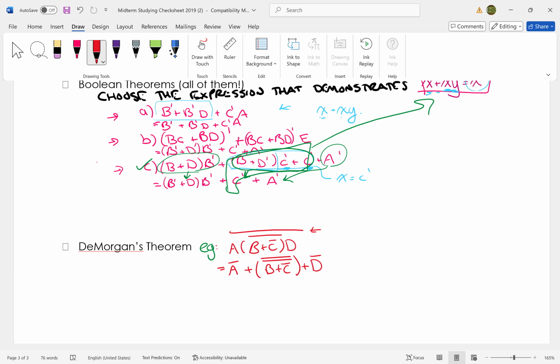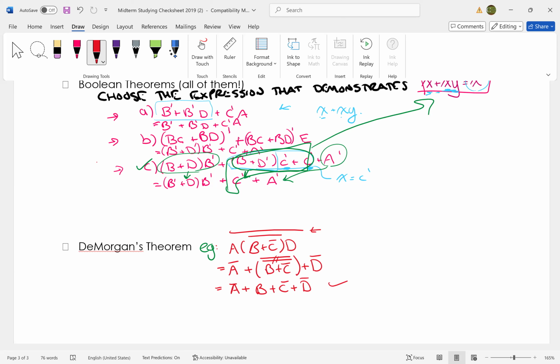And then I would have another bar over here. Since those bars are the same length, that's the same as A or B or C prime plus D prime. And I can't go any further than that, and that would be the answer to a De Morgan's question.